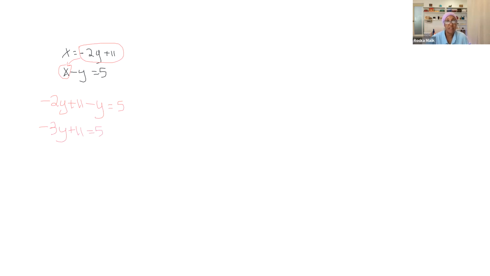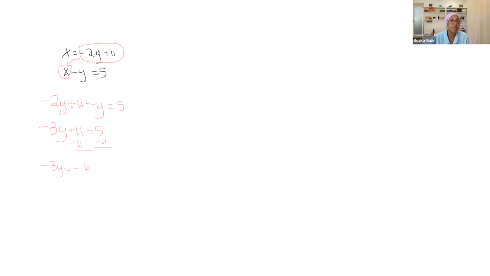And I'll take the 11 to the other side so I can get all my Y's on one side and all my numbers on the other side. And I get minus 3Y equals negative 6.